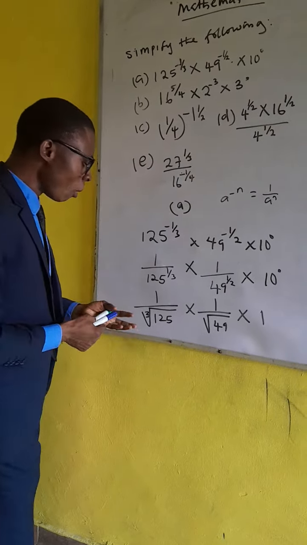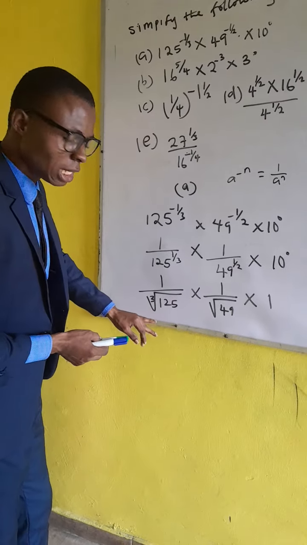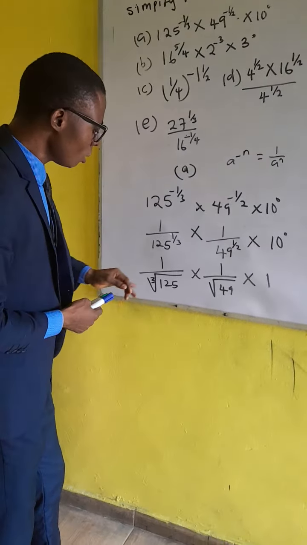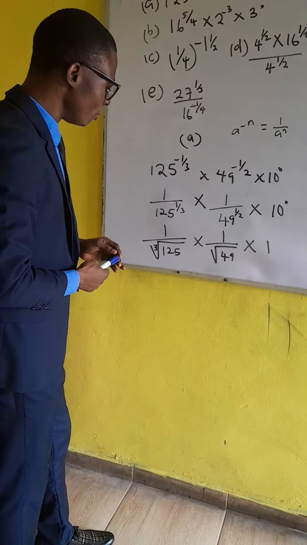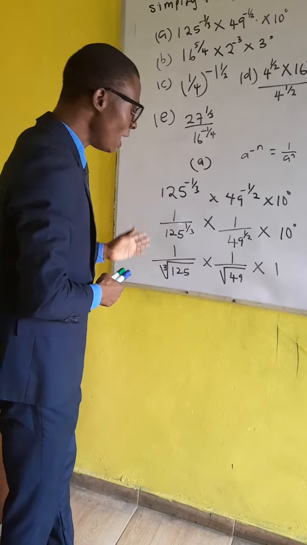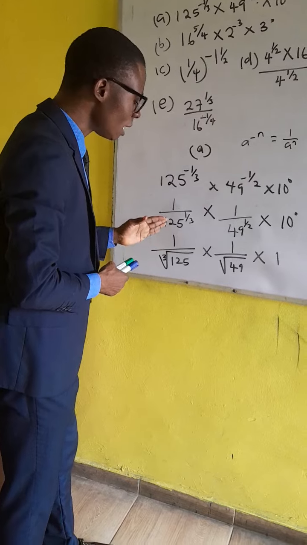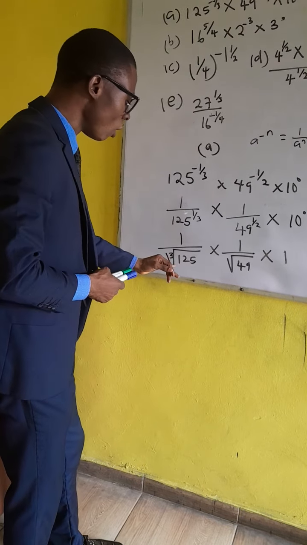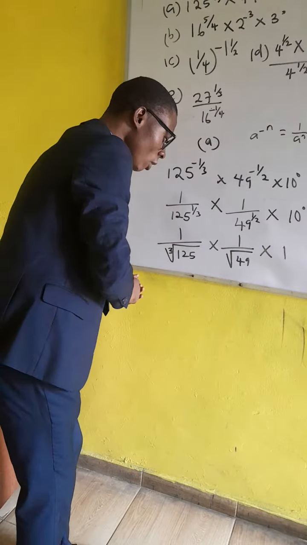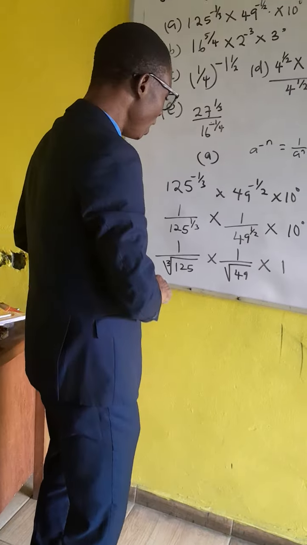Now look at the numbers. What number can we multiply 3 times to give us 125? That is 5. 5 times 5 is 25, 25 times 5 will give us 125.